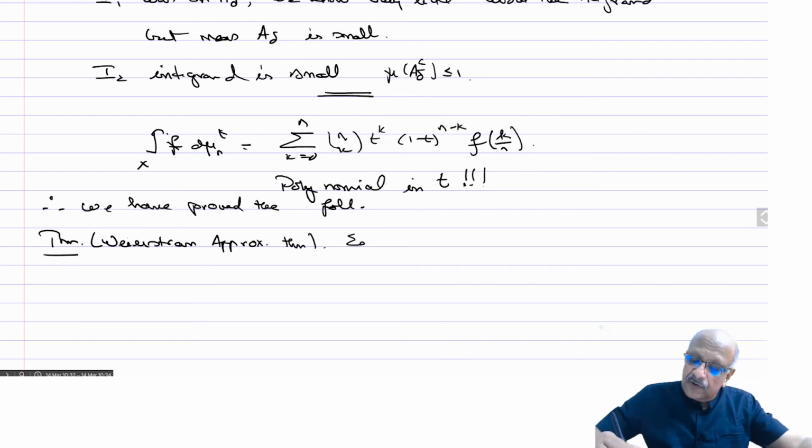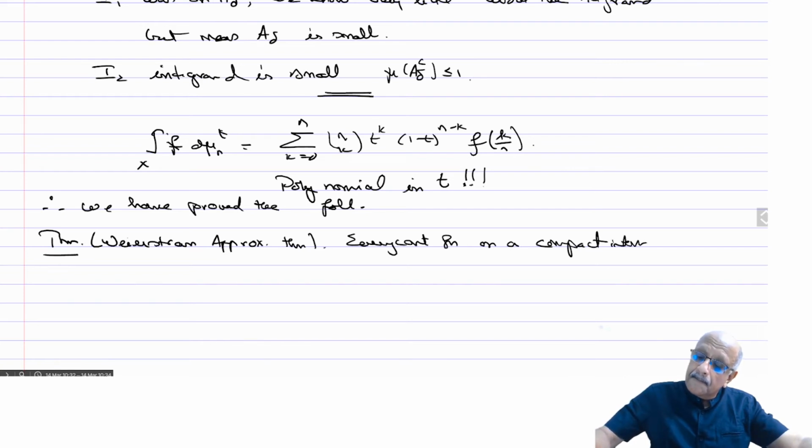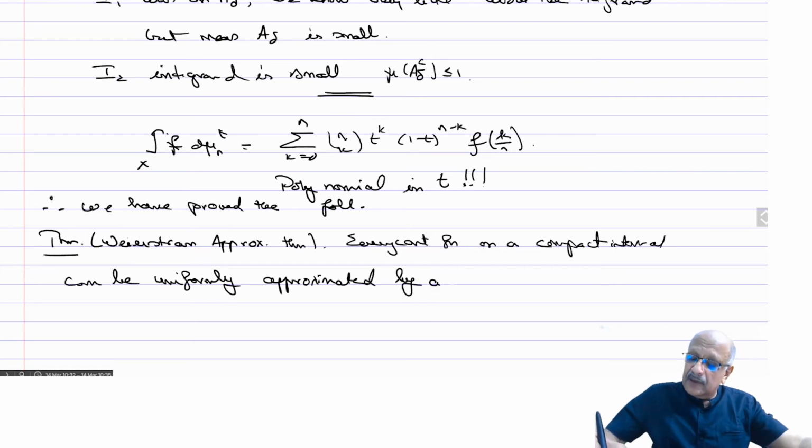Every continuous function on a compact interval can be uniformly approximated by a sequence of polynomials.